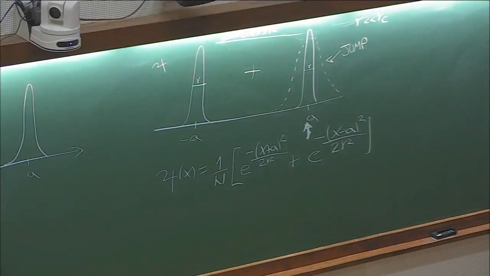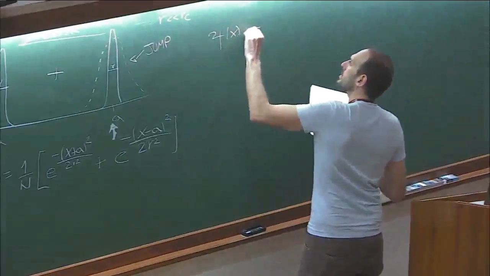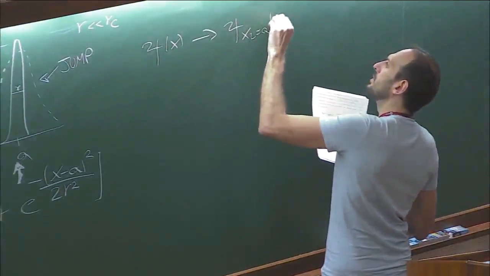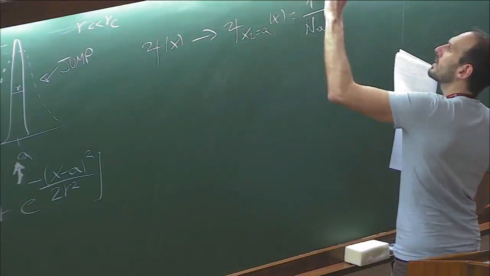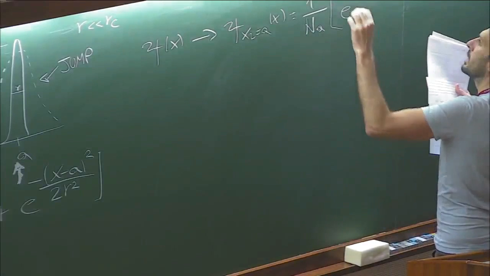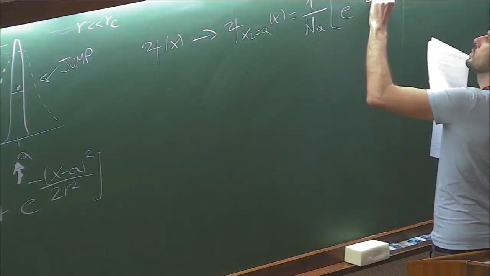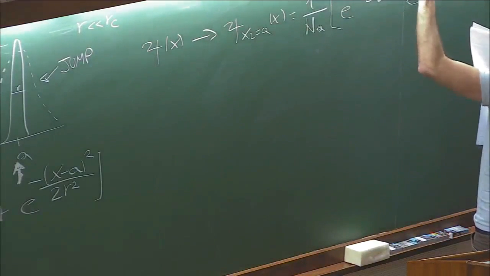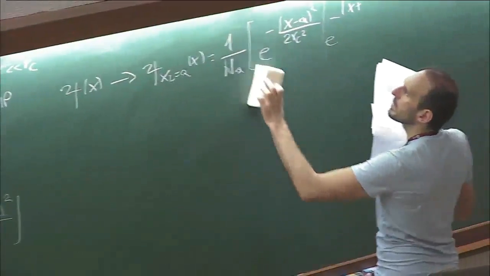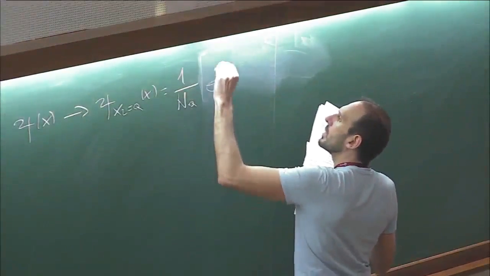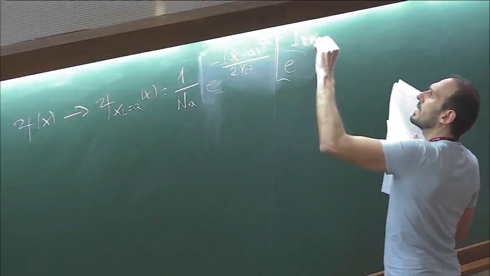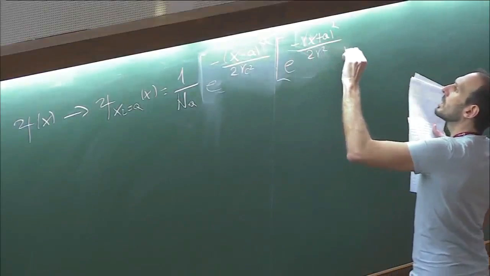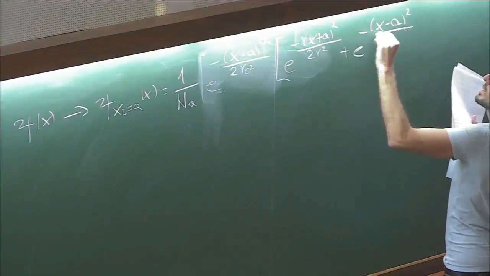Nature chose to make a jump around position A. It could have made a jump around position minus A. And then psi of x goes into psi of x equal to a new normalization constant times e to the minus (x minus a) squared over 2rc squared, times e to the minus (x plus a) squared over 2r squared plus e to the minus (x minus a) squared over 2r squared.